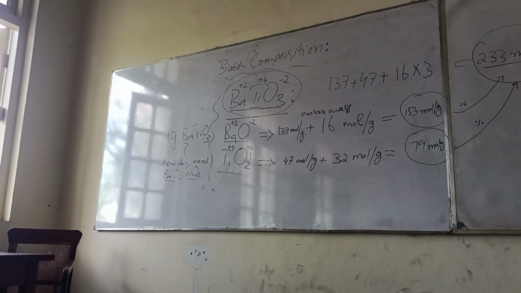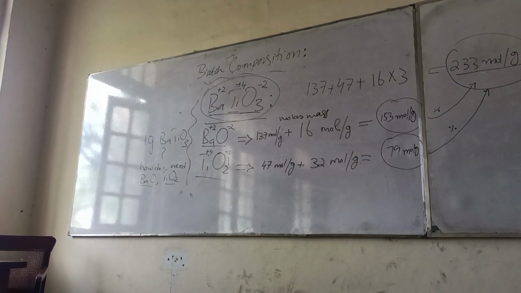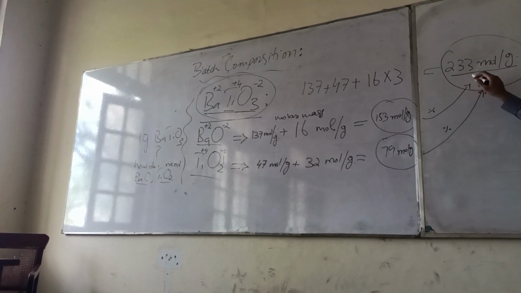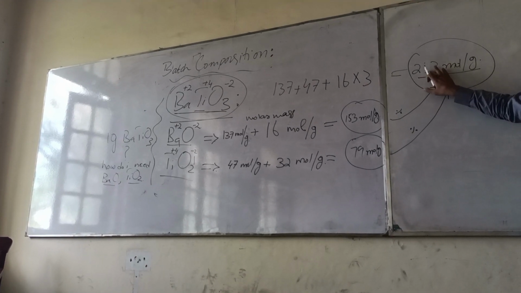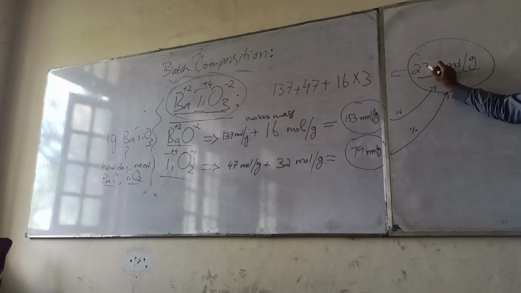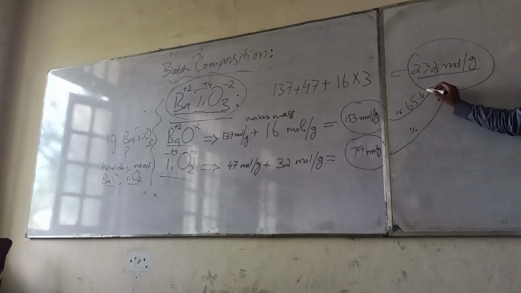$600 a month. How much percent? Sir, the 232 is 65.9. 65.6. 9%, let's say, 65.9.